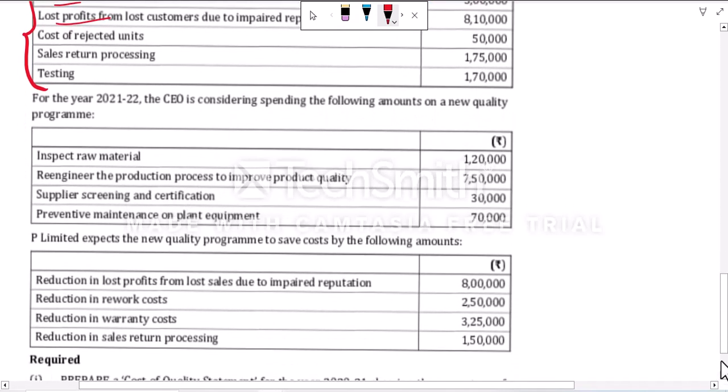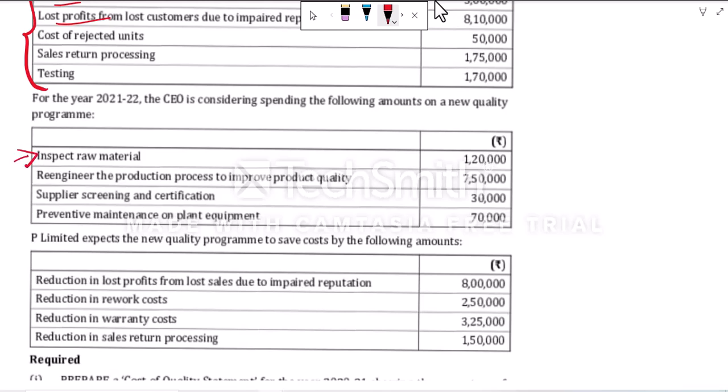For the year 21-22, the CEO is considering spending the following amount on a new quality program. As he is incurring the above costs, he wants to adopt a new policy. So how does he want to incur?